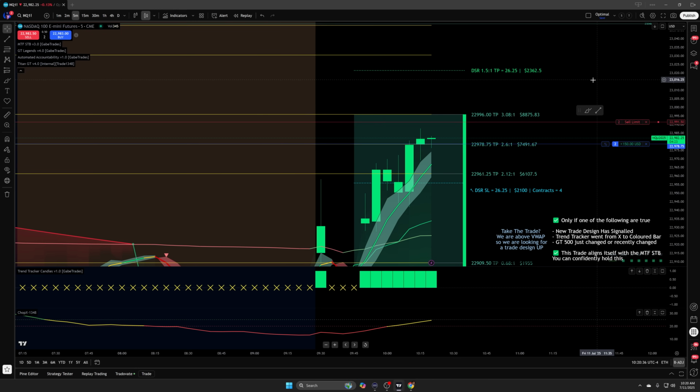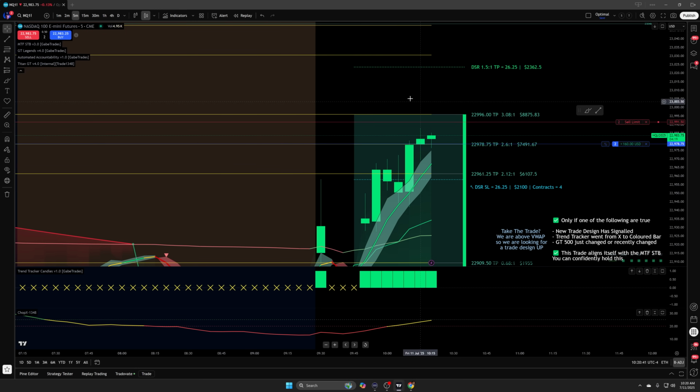The reason why I avoid the levels is because although some will argue that's institutional footprints, no, it's actually an algo and retail trader footprint where the institutions use to find liquidity. So therefore, it's a game of first in, first out. And I don't want to get caught in the traffic here with this level.